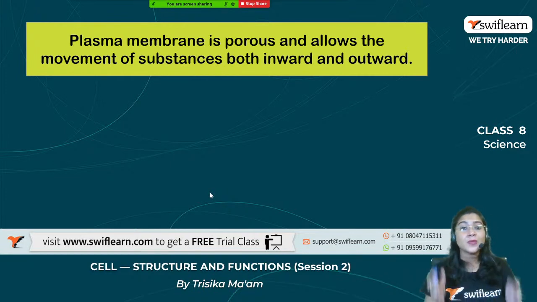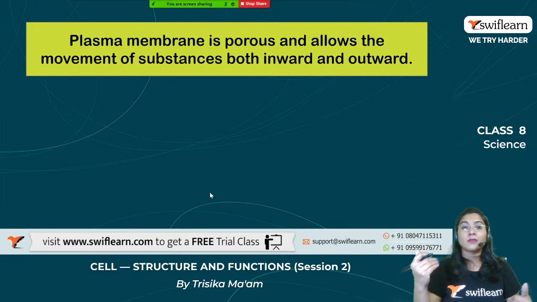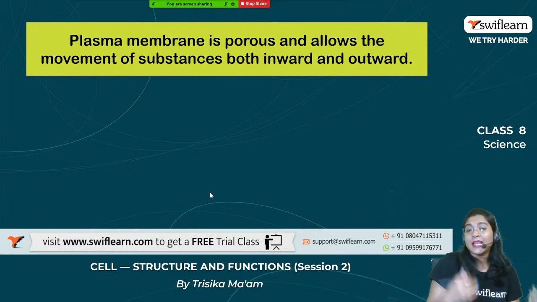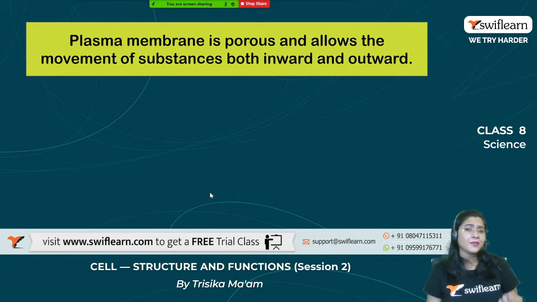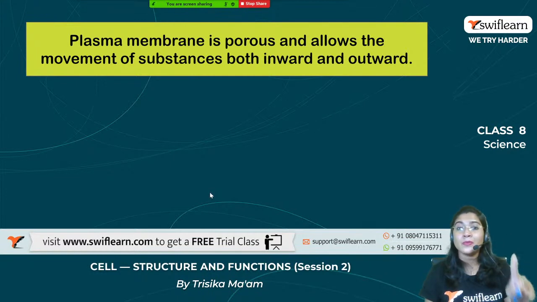These pores act as the door through which the important molecules come inside the cell, and the unnecessary molecules go out of the cell. And that is why this plasma membrane is also known as the selectively permeable membrane.